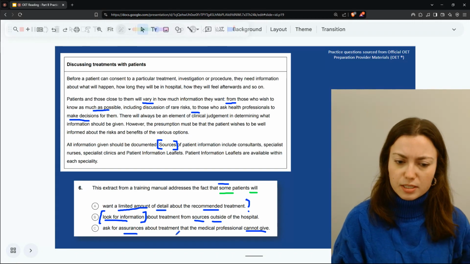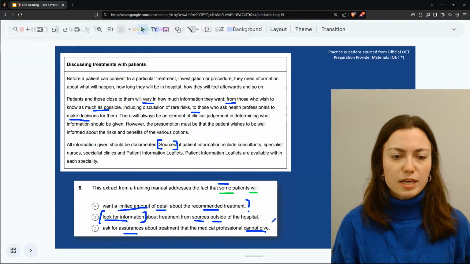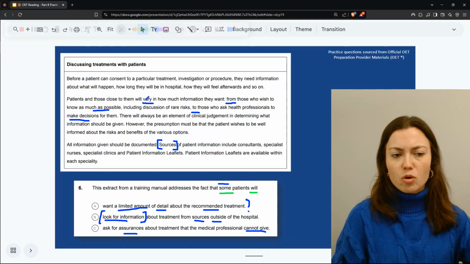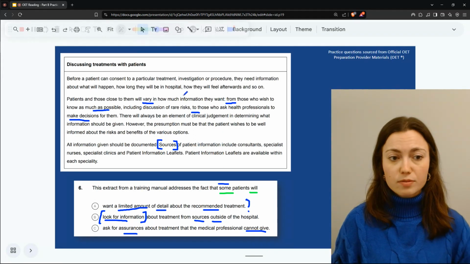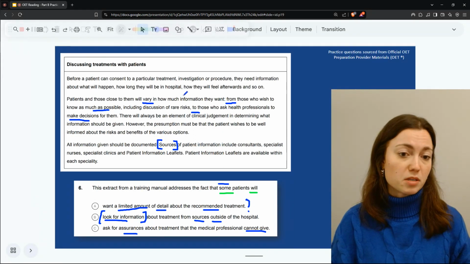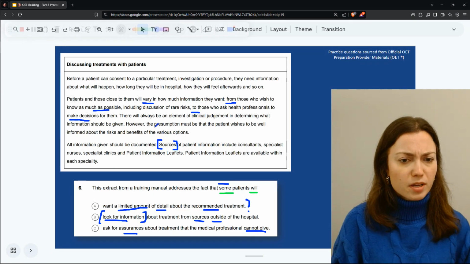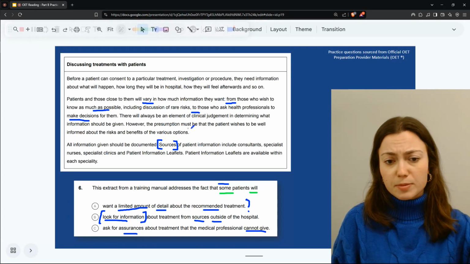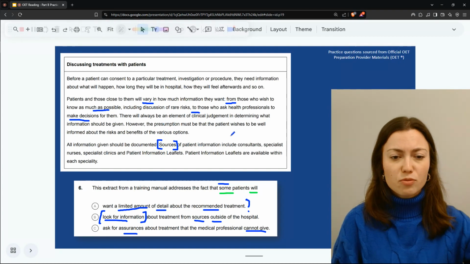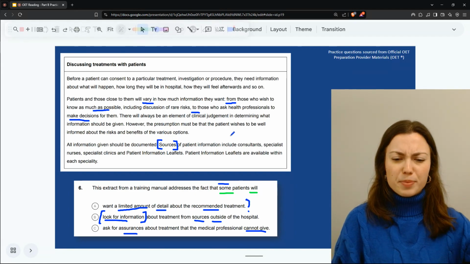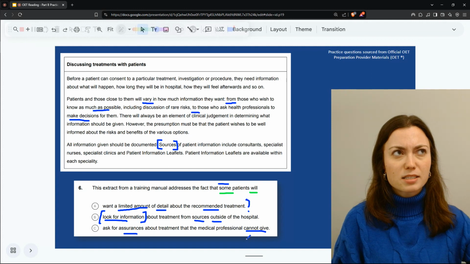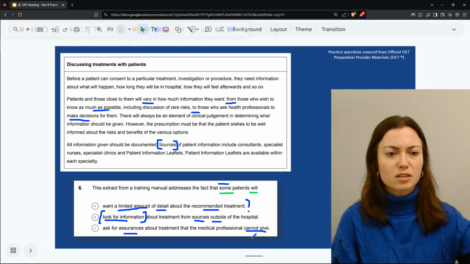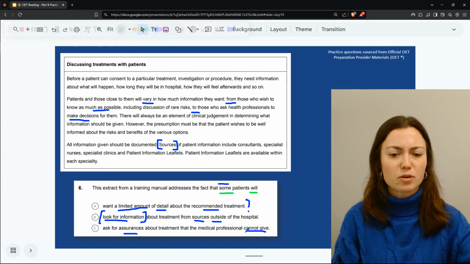Same thing for C. Ask for assurances about treatment that the medical professional cannot give. Well, we know, going back to our blurb here, it says some will want a lot of information, some will not want a lot. Okay. And then it says here the presumption must be that the patient wishes to be well informed. But is there anywhere that it's saying the patient is asking for this information that the doctor themselves cannot provide?